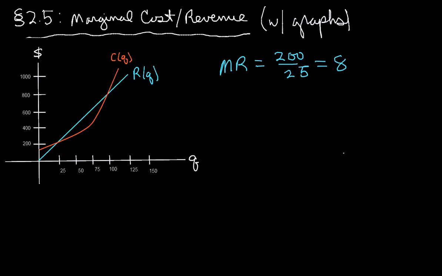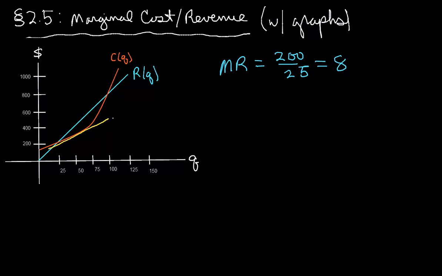Okay, now let's look at the cost function. You see this is not a line, and so the marginal cost is not going to be constant. So we're going to have to compute the marginal cost at certain points. Let's look at 50, for example. So right here.